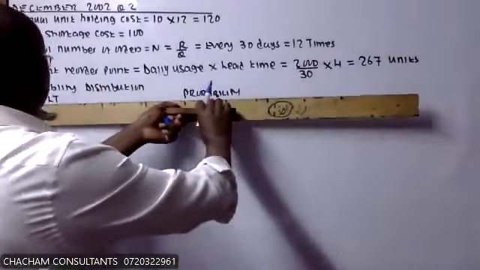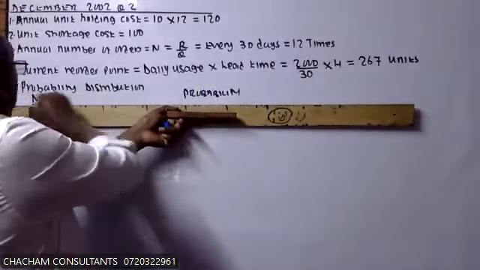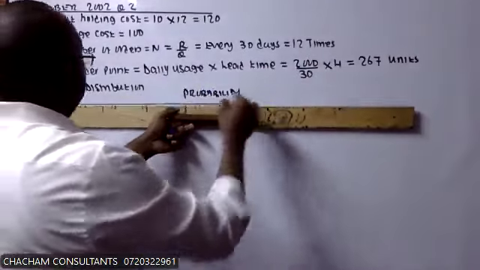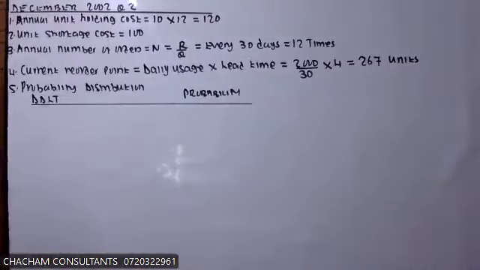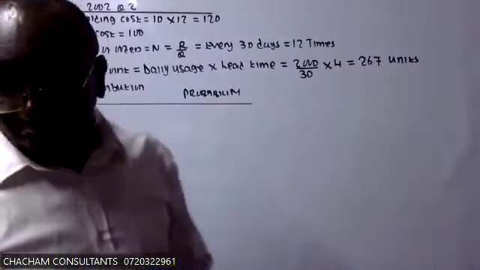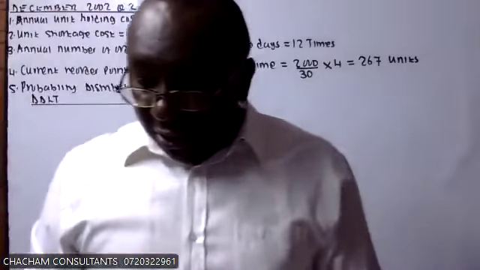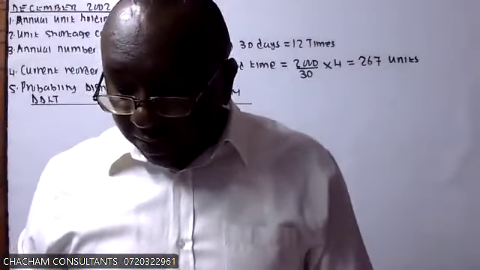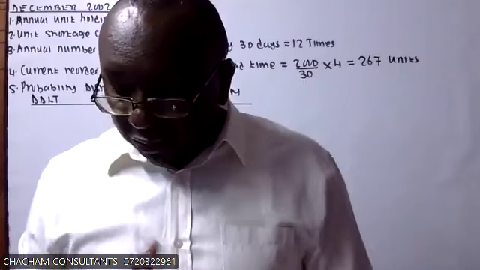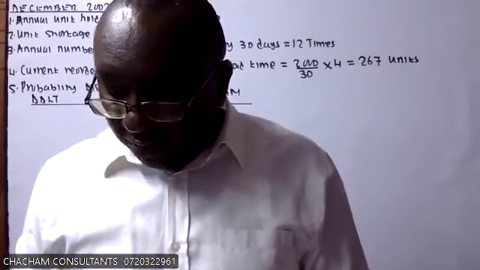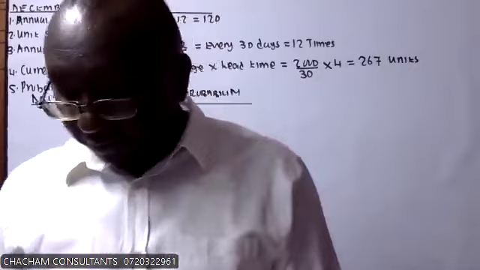Now, when you look at this question, we are told the following is the probability distribution of estimated usage of the raw material for the month of December.